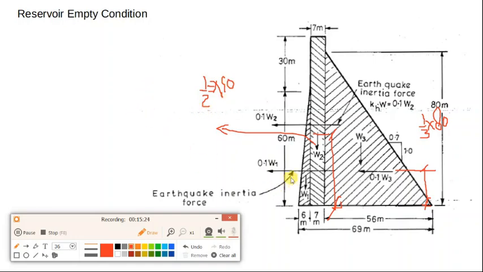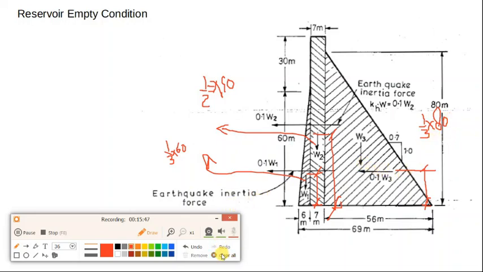And for this one it is 1/3 above the base, which is 1/3 of 80.